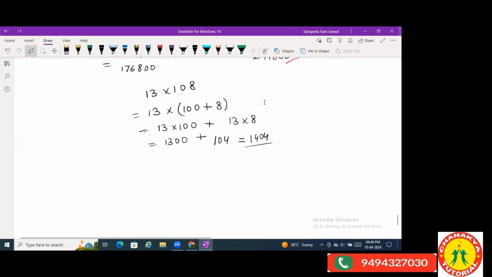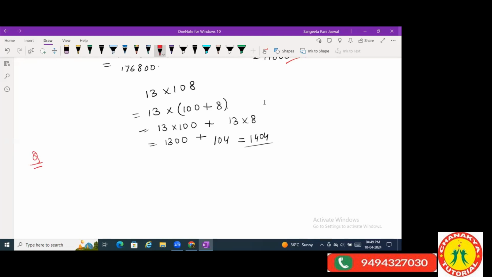Now moving ahead, let's see what we have next. Do this sum. I'll give you one or two sums. Let's see if you are able to do them.